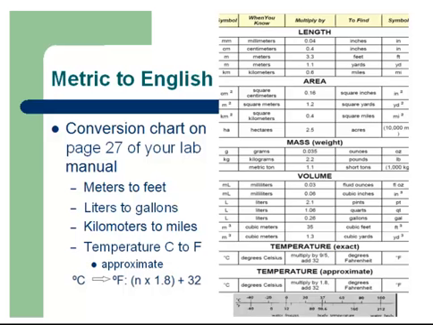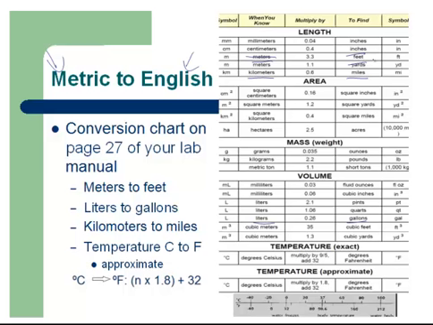Other conversions that you'll need to make would be from the metric system, which we just covered, to our English system. So we could go kilometers to miles, or liters to gallons, or even centimeters to inches, or meters to feet.